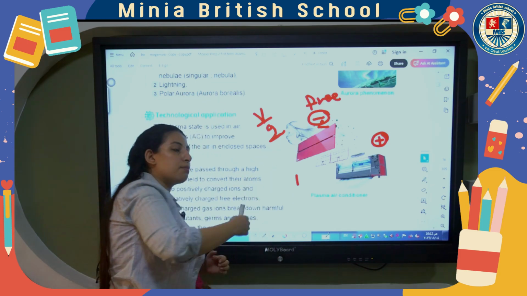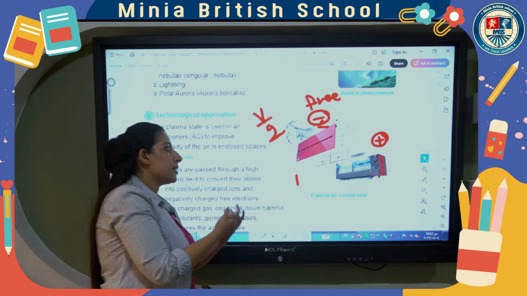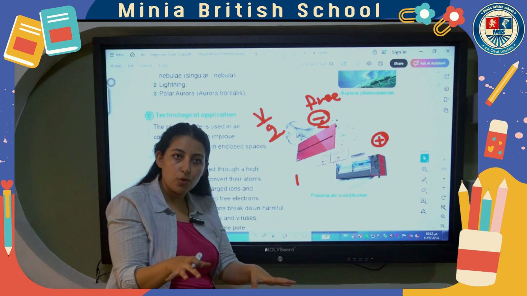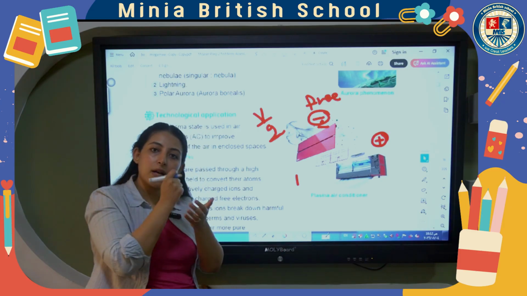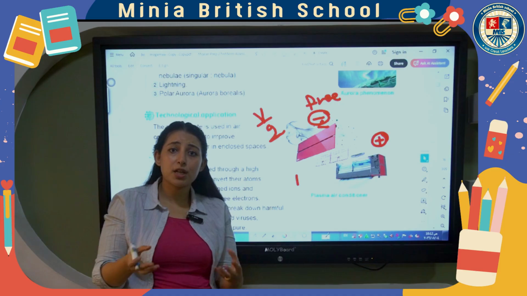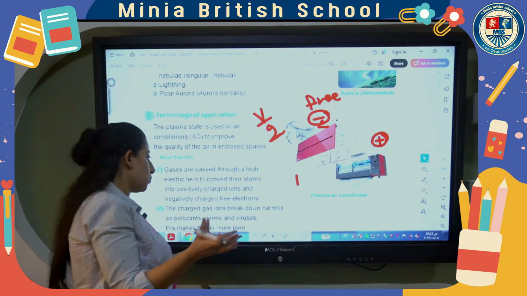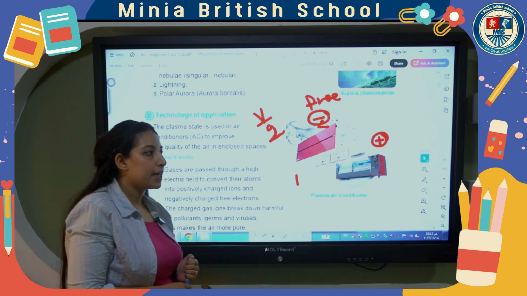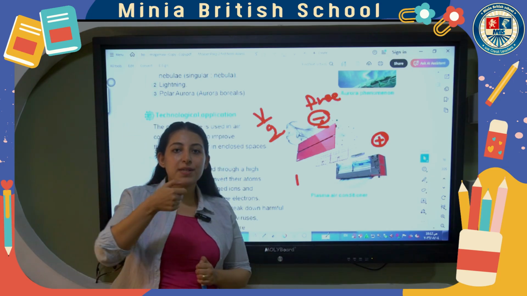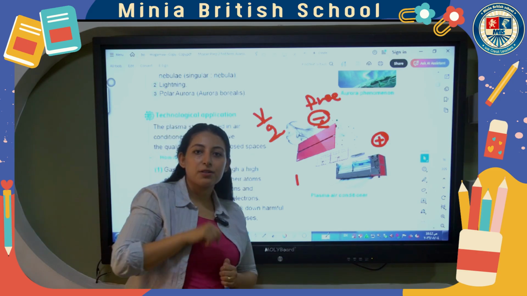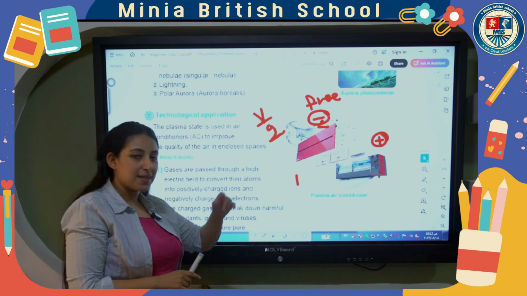Electrons now become more free. These electrons attach to the germs and viruses in the room or in the air and break them down. That improves the quality of the air to become more pure. It's an important life application for us. Search by using your remote control in your air conditioner to use plasma state.